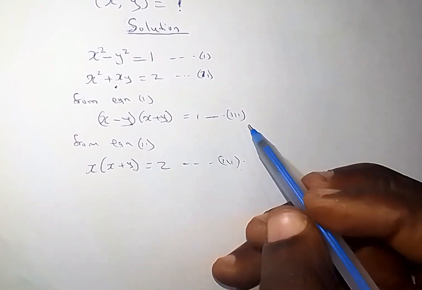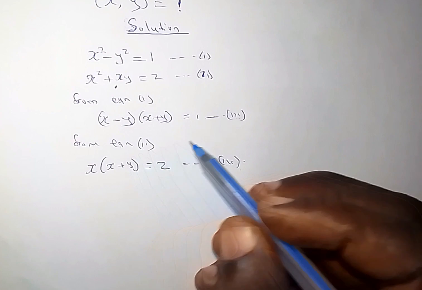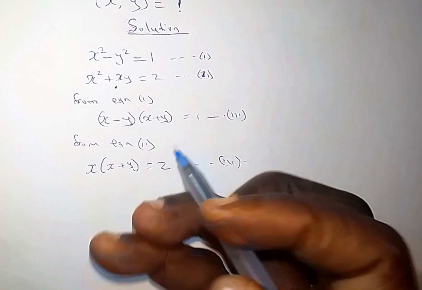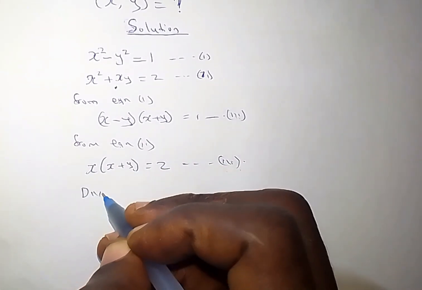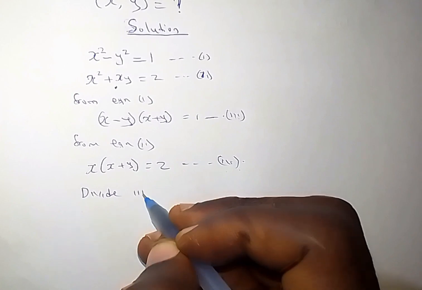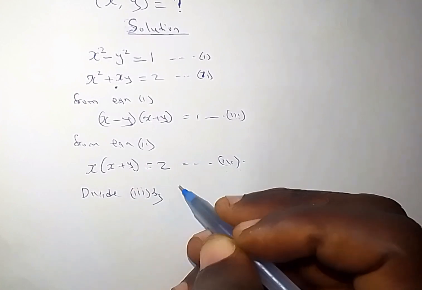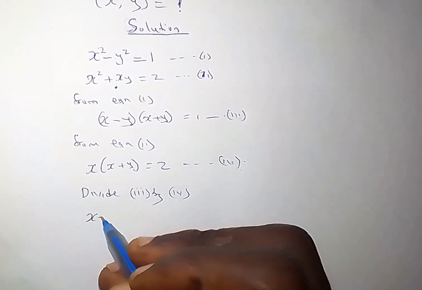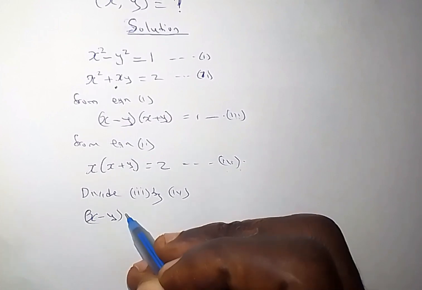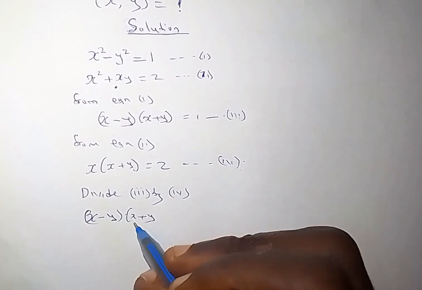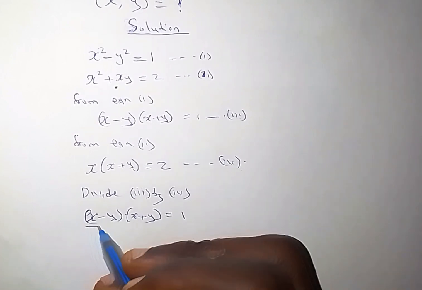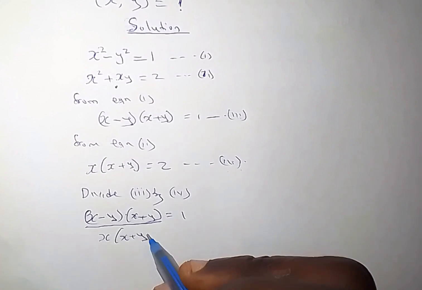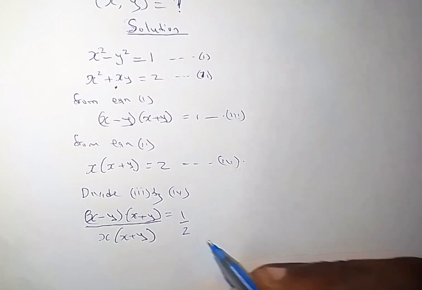So from 3 and 4, I can divide both sides. I can divide equation 3 by equation 4. So we have x minus y, close bracket, x plus y equals 1, divided by x into bracket x plus y equals 2.